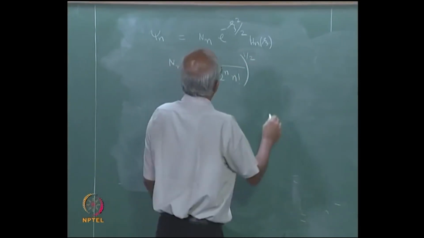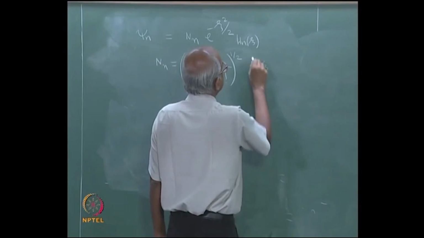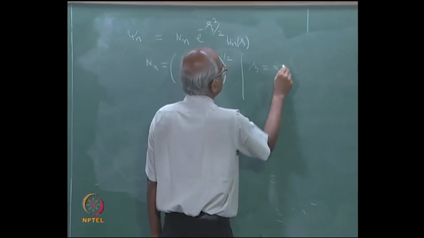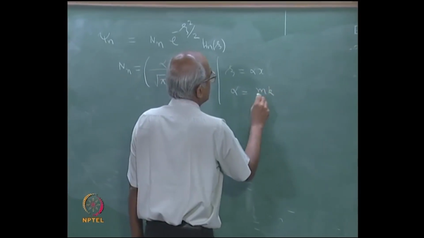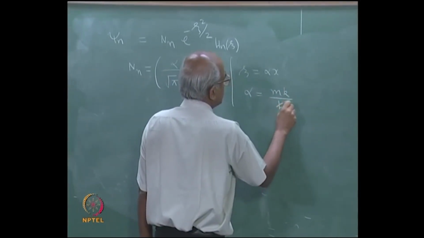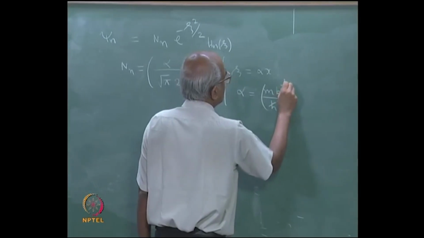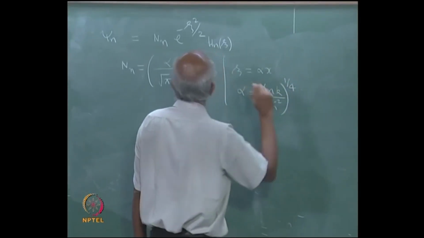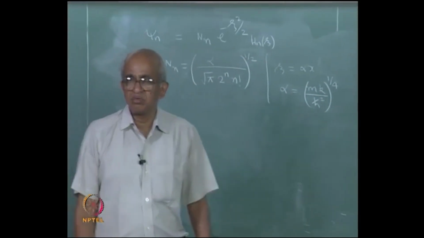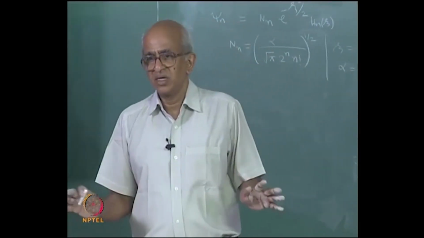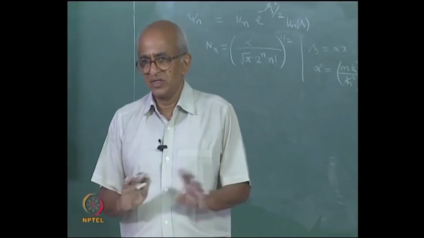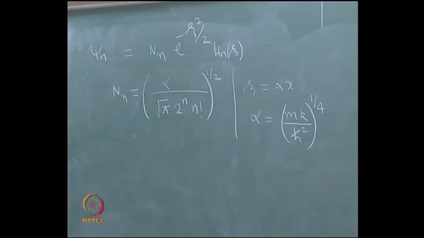And just to remind you, c is equal to alpha x, alpha is equal to m k divided by h cross square to the power of 1 by 4. Right, we have completely solved the Schrodinger equation for the harmonic oscillator. Everything that we wanted is here now.